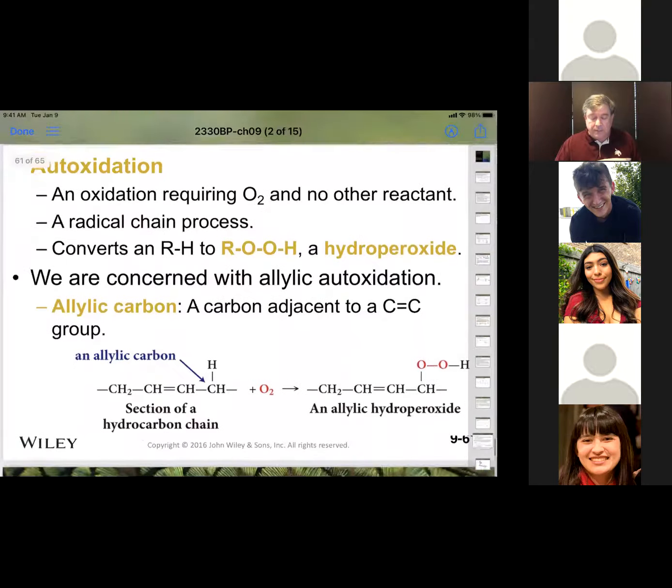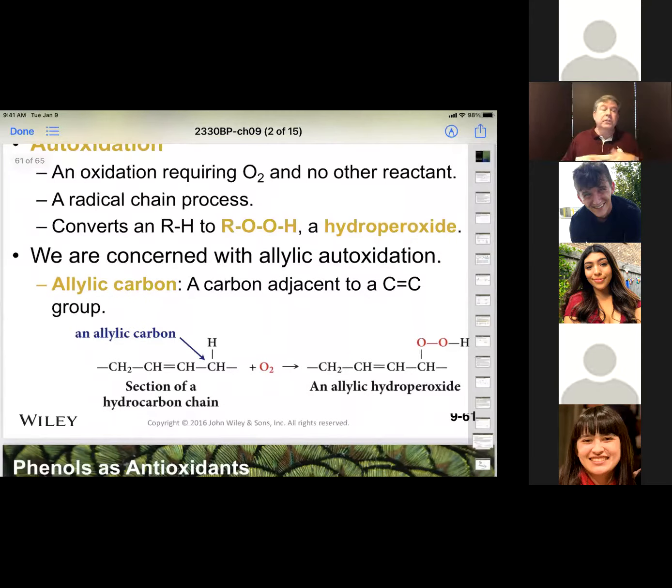In the case of oxygen just reacting with stuff, it can actually do a radical reaction where it can create what we call peroxides right here. So this is called a hydroperoxide, but if you also put it on a chain, it can be a peroxide. So when we have oxygen, it'll react with double bonds, it will react with the carbon next to double bonds, it'll react with anything with an activated hydrogen and create these peroxides.